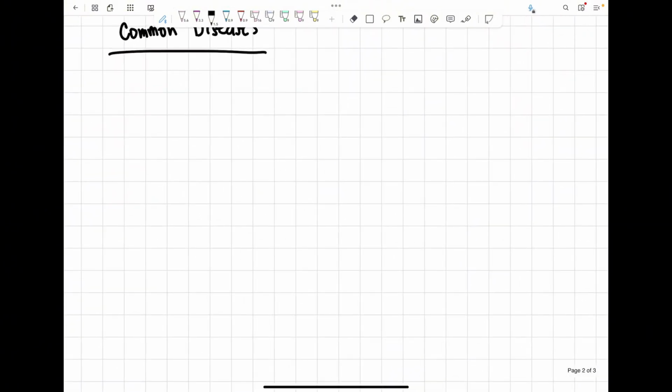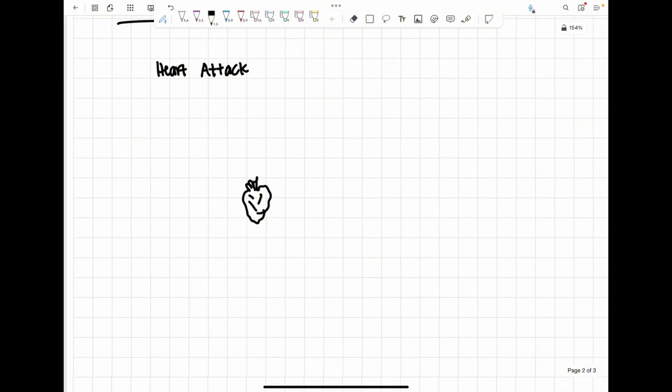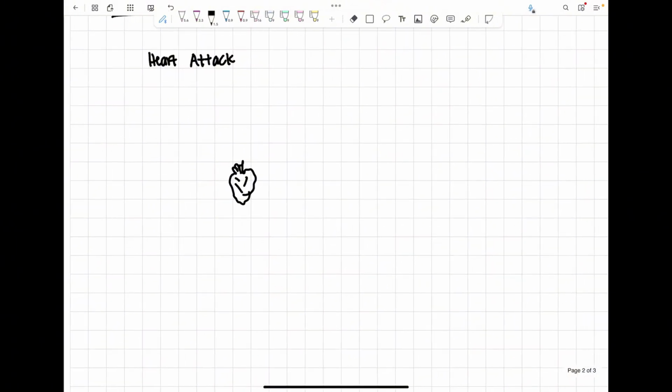So we have first heart attack. So let me draw a person, a heart. So that's the heart, the aorta, and the veins. Sorry, I'm not a drawer.